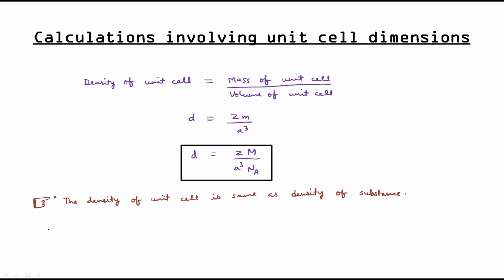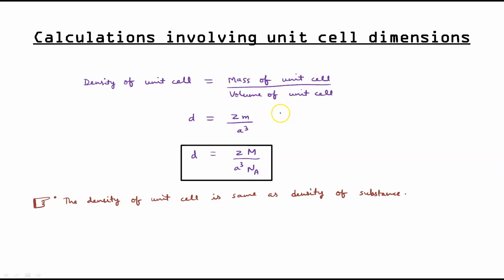From the knowledge of density of unit cell, we can calculate mass of atoms in the unit cell, or vice versa. The determination of mass of single atom gives an accurate method of determination of Avogadro constant. If we know the edge length of a cubic crystal, we can calculate the density of the unit cell.